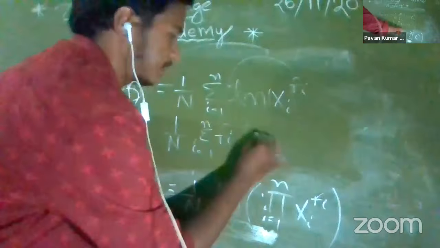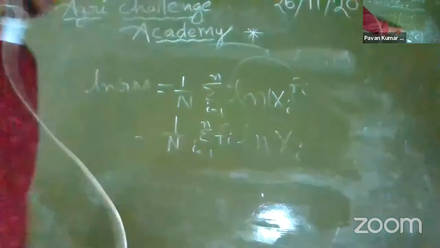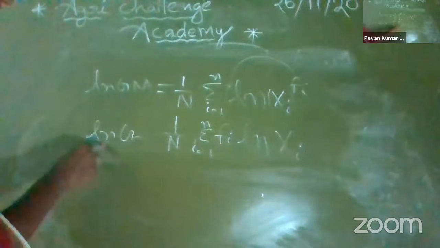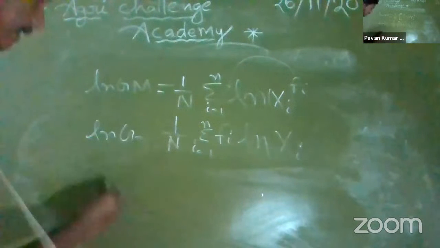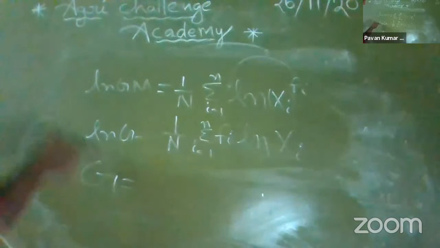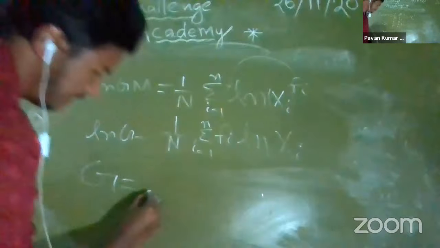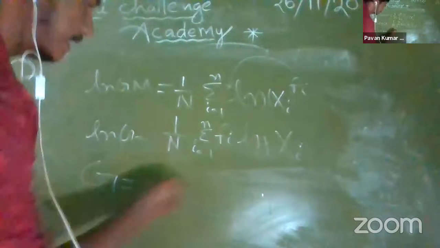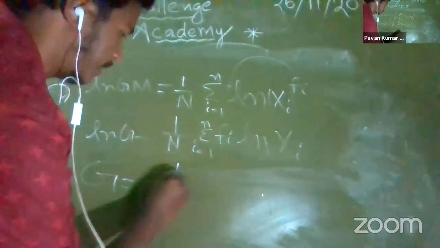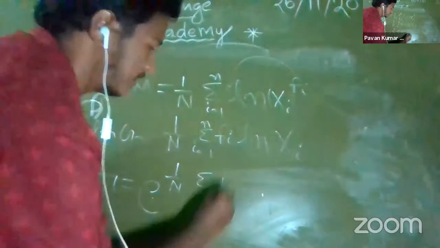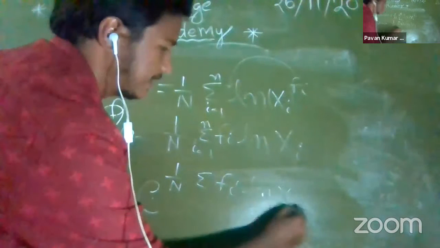Now we will do one thing. Take this ln to this side. So the geometric mean equals, if ln goes to this side, it becomes e. So e raised to 1 by n summation of fi ln xi, i equals 1 to n.